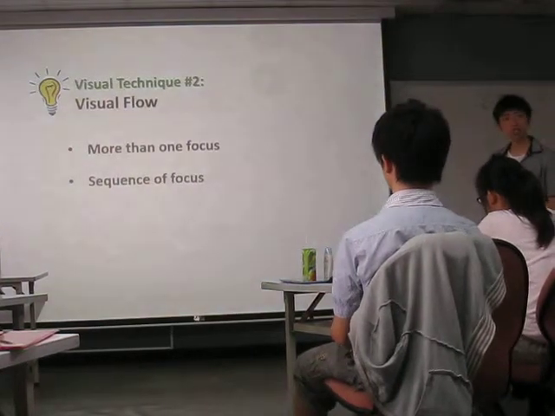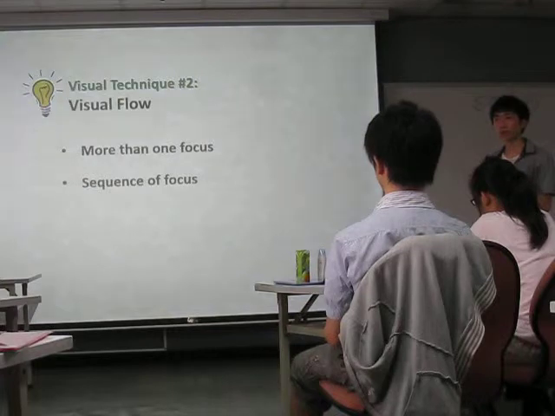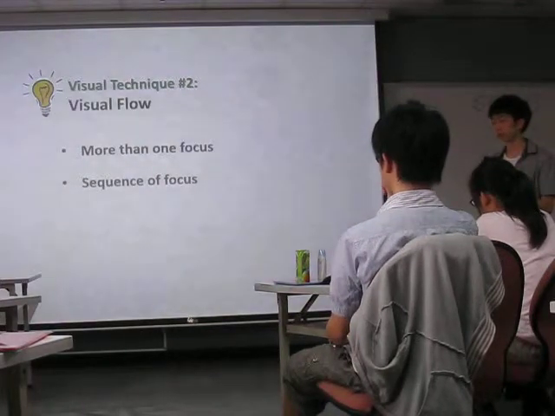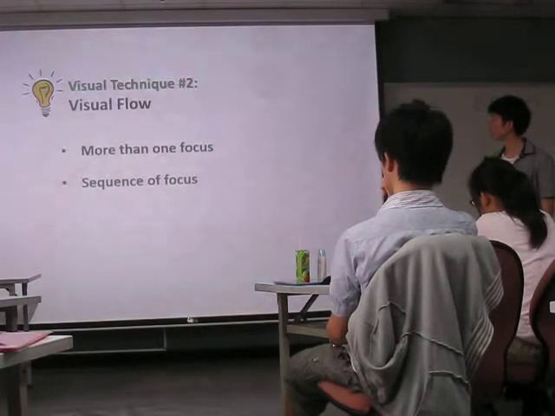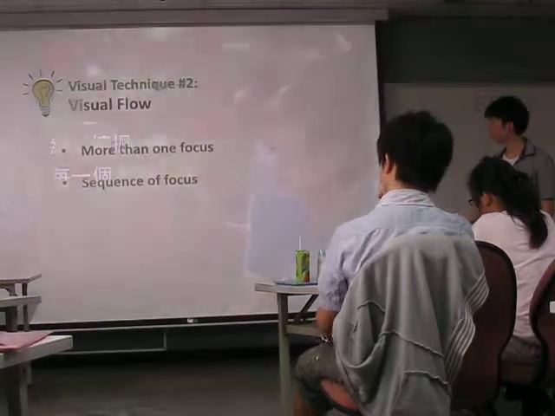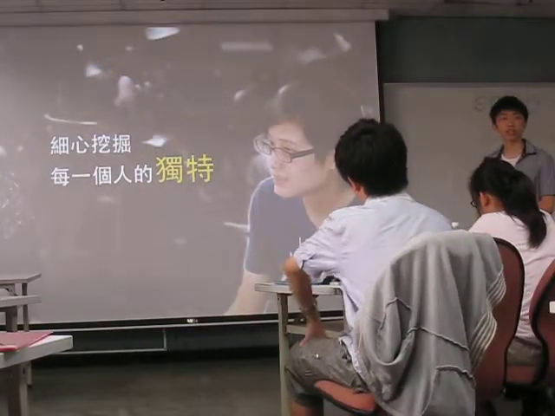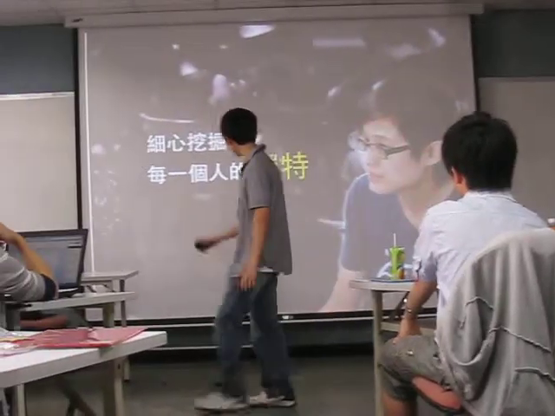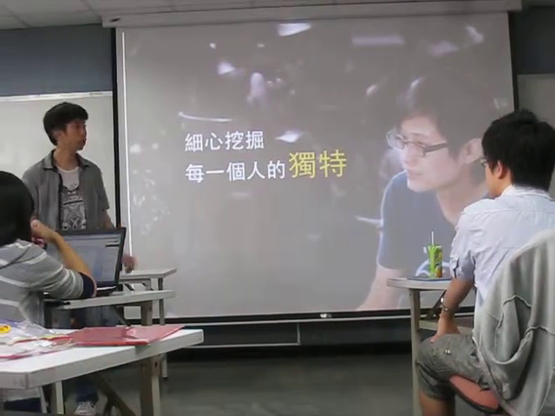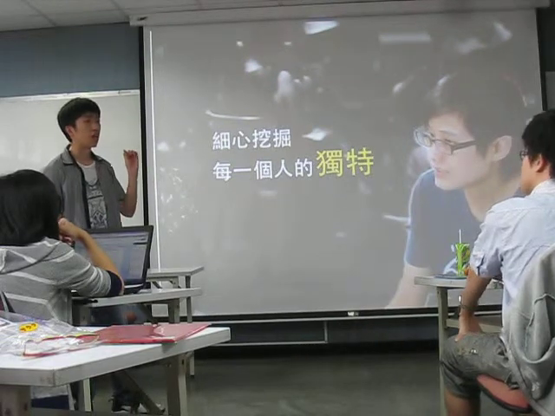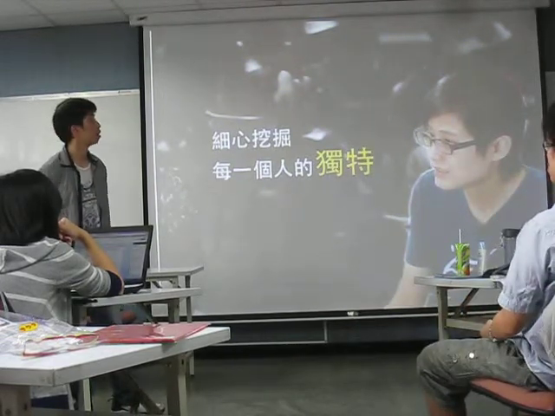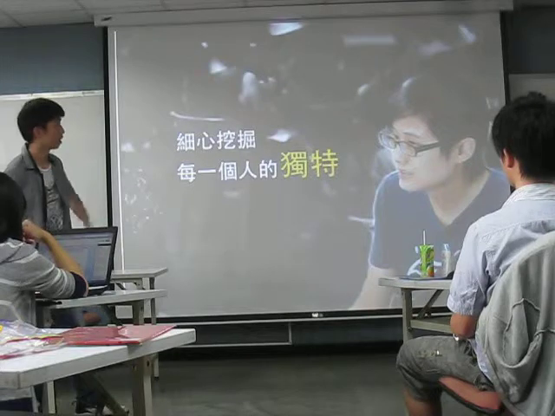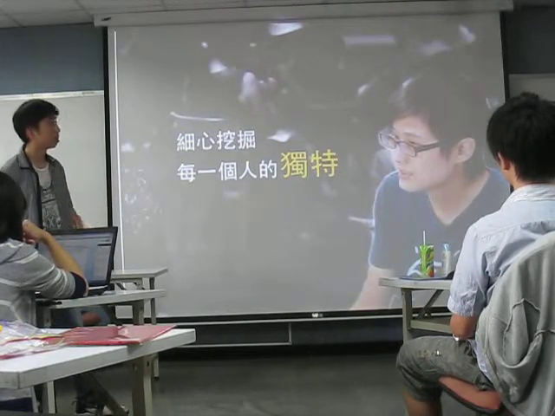But why do we need visual flow? This is to make the reading smooth. Let us look at this example. For this one, our focus is usually on the main character, that is the girl on the right side.